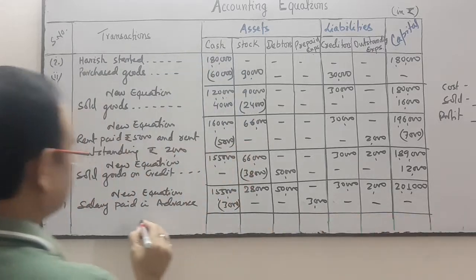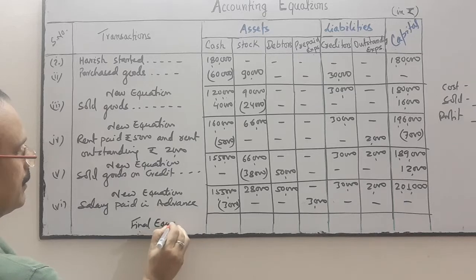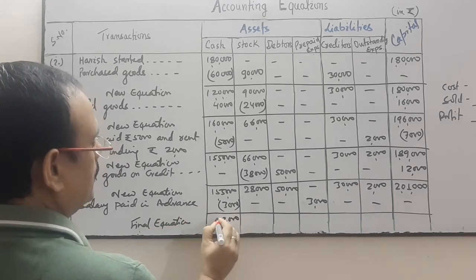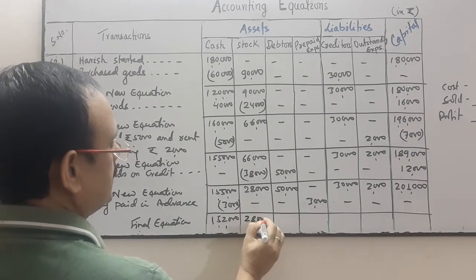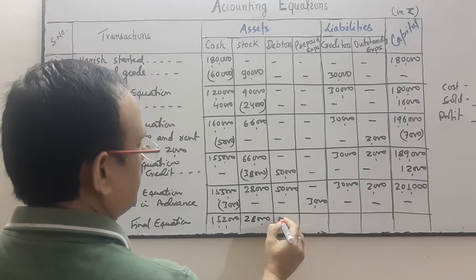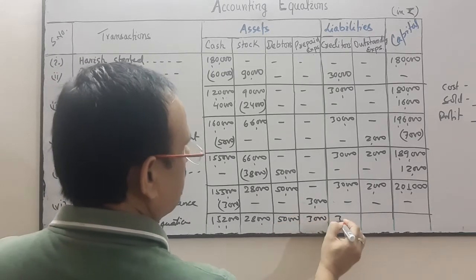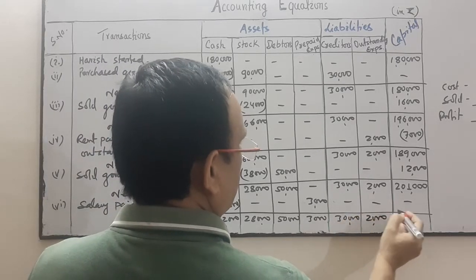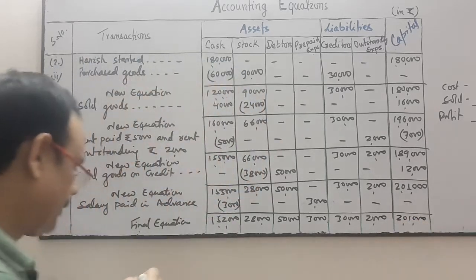So the final equation after this transaction is 1,52,000 is your cash, 28,000 is your stock, debtors is 50, prepaid is 3, 30,000 is your creditors, 2,000 is your outstanding expenses, and 2,01,000 is your capital.